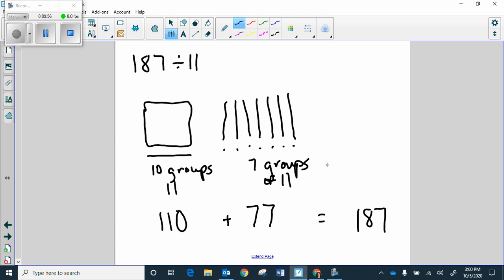Altogether, that makes 17 groups of 11. So 187 divided by 11 equals 17.